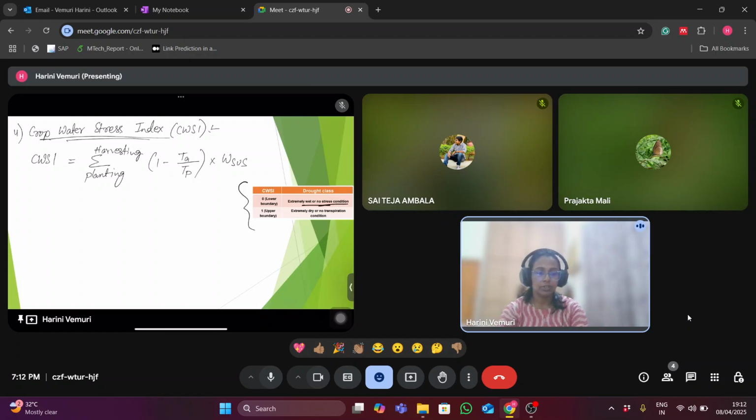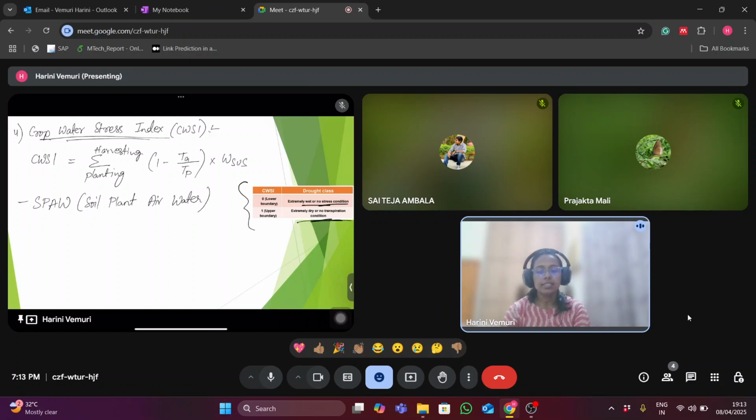If the value is closer to 1, we assign it as 1. So here that means there is an extremely dry or no transpiration condition happening. Generally, to calculate a CWSI, we use the software SPAW, that is the soil, plant, air, water model, for computation.